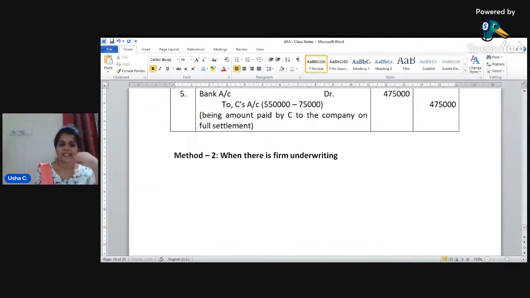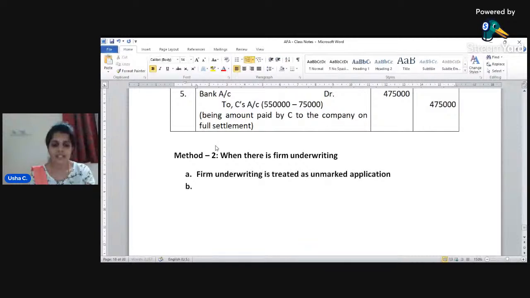Under this method there are two different cases: firm underwriting is treated as unmarked application, and second, firm underwriting is treated as marked application.